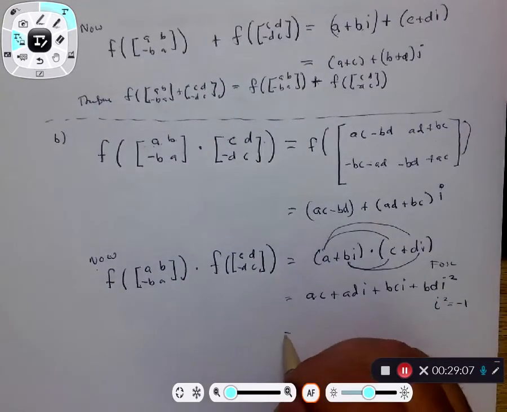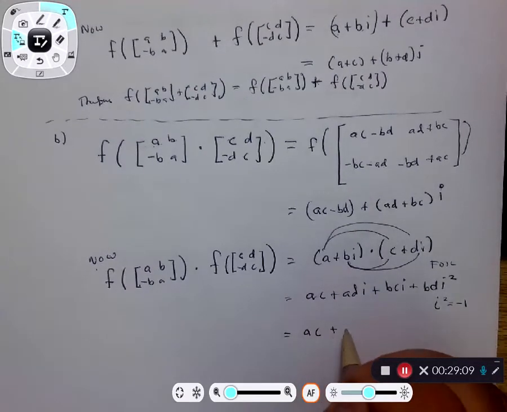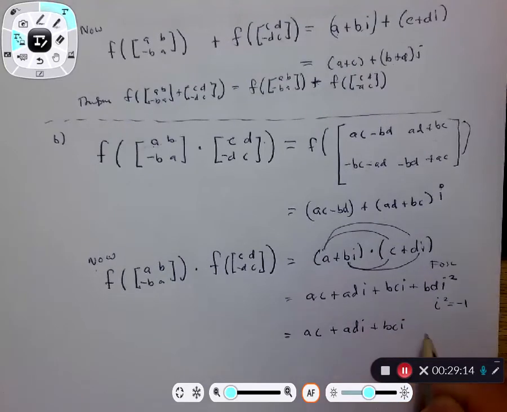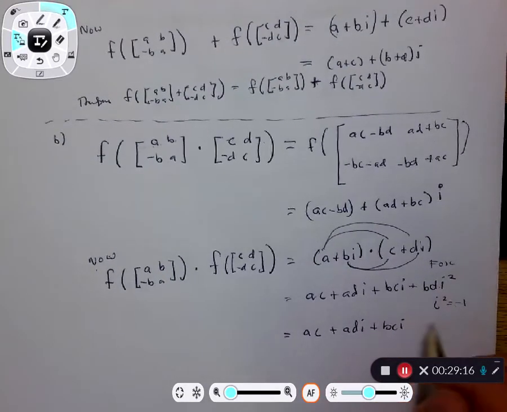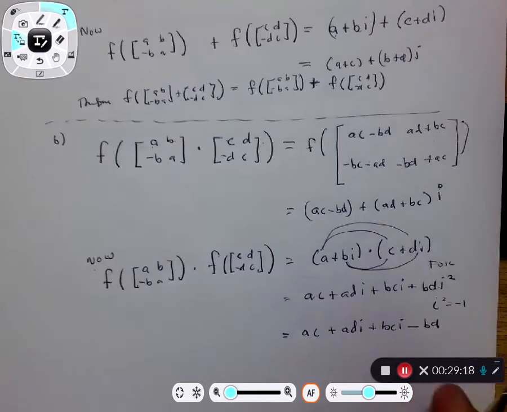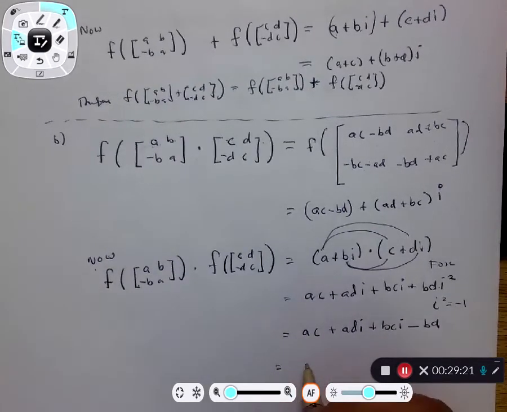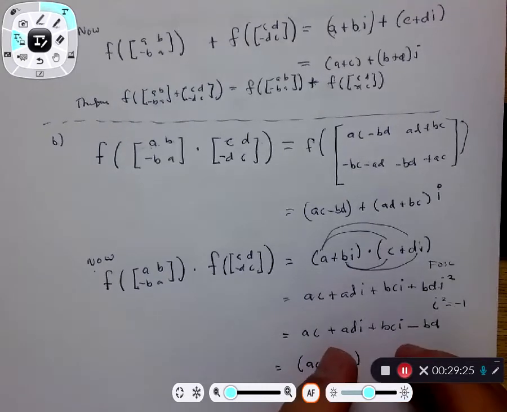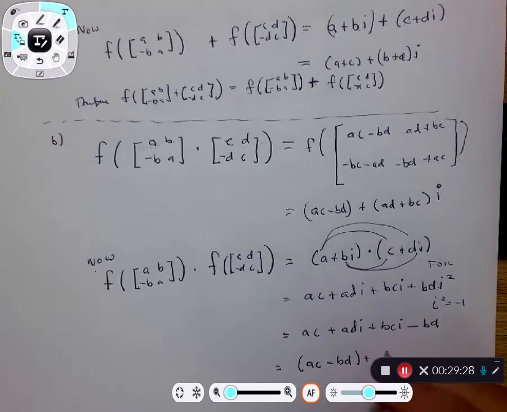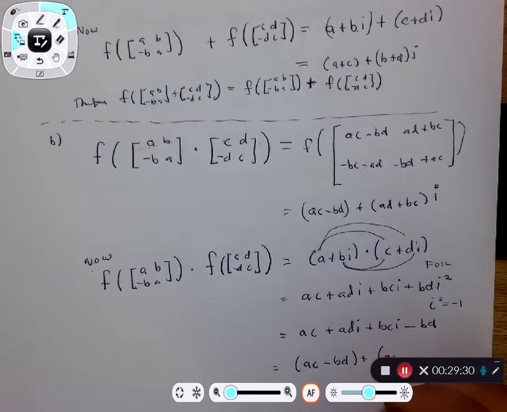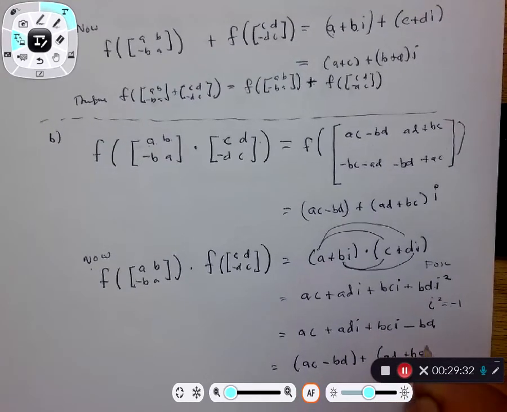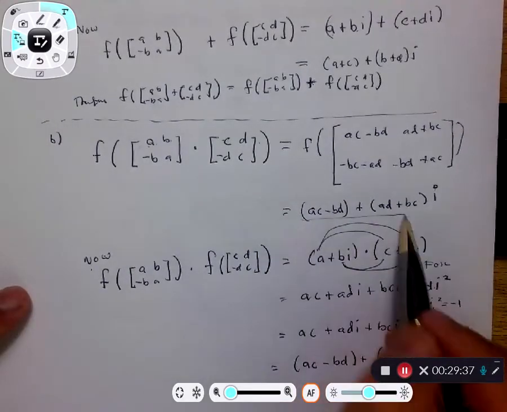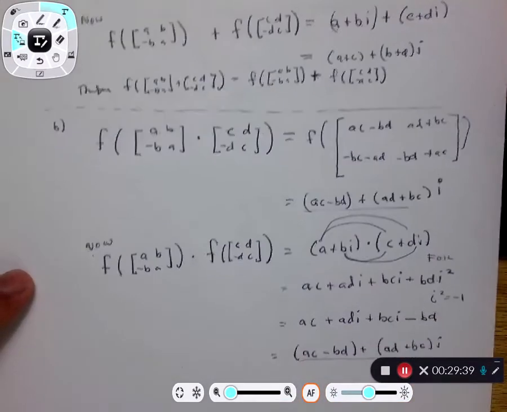So this ends up giving you AC plus ADi plus BCi, and then with i squared being negative 1, that becomes minus BD. I'm going to put together my real parts. So this ends up being AC minus BD. And I'm going to put together my complex parts: plus parentheses, factoring out the i, AD plus BC times i. And notice you get the same thing.